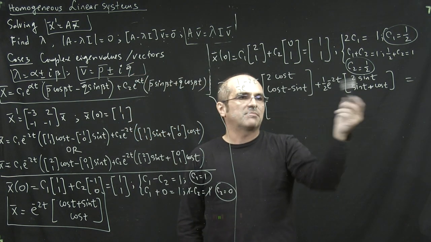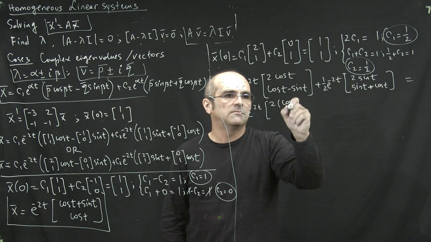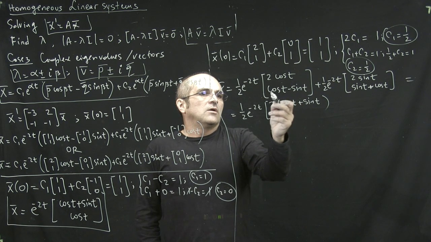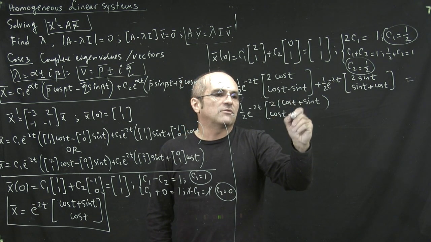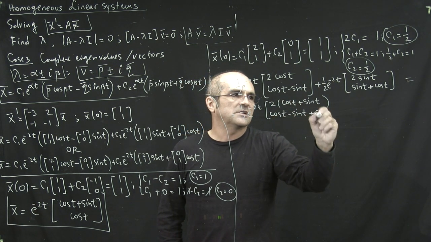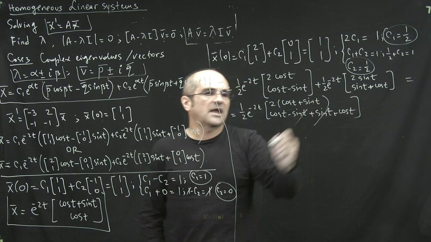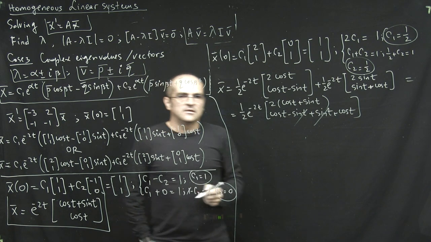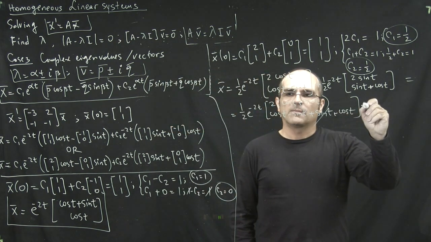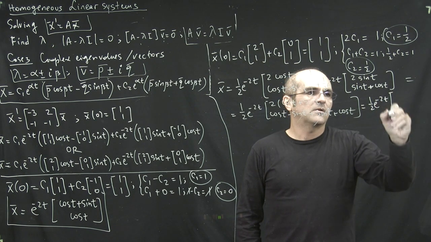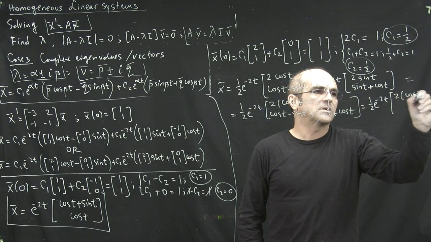When I add 2 cosine plus 2 sine, I can pull out 2. Cosine of t minus sine of t, and then plus sine of t plus cosine of t. Sine cancels, and I hope you get the idea how it goes from here. 1/2 e to the minus 2t. On the top is 2 cosine plus sine.